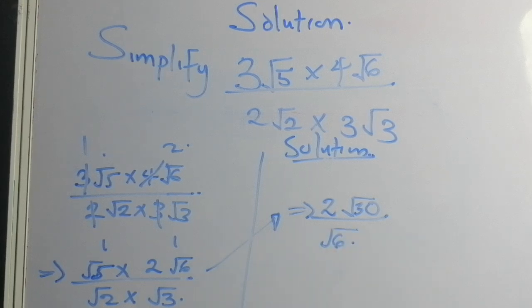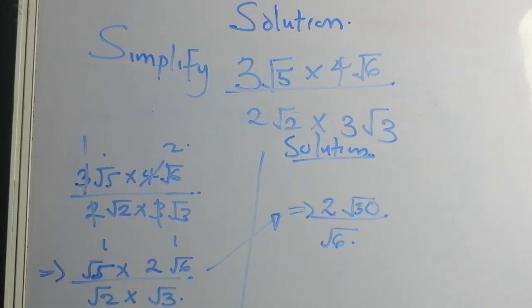Now, since we have a SURD at the denominator, what do we do? We rationalize. Multiply the numerator and the denominator with the SURD that is at the denominator.